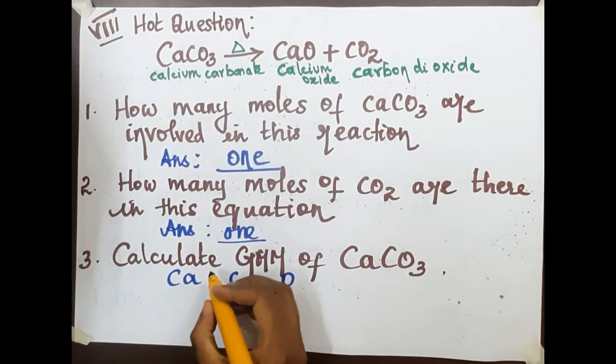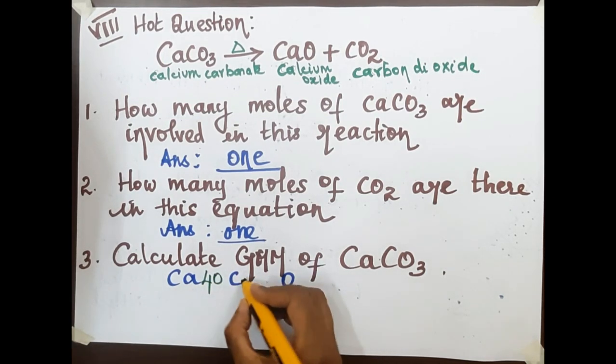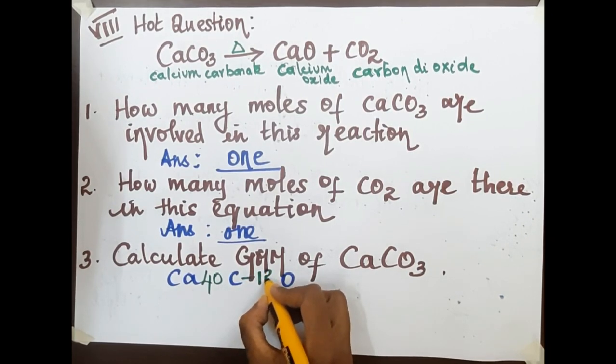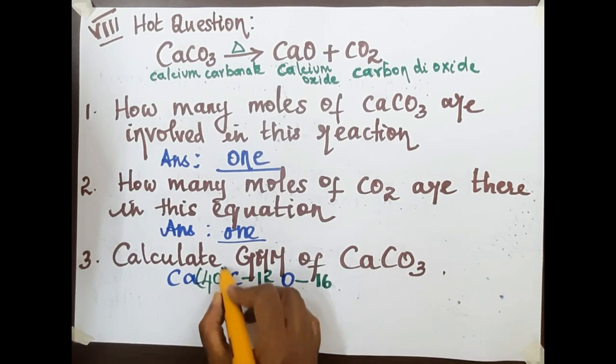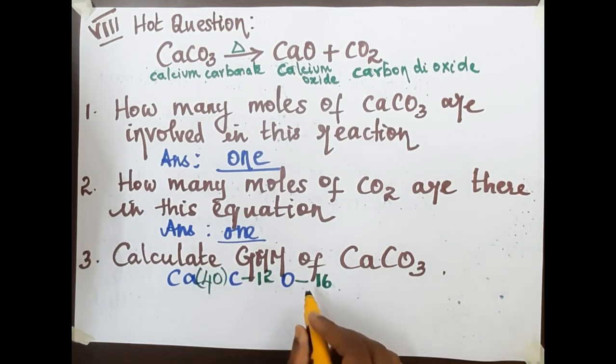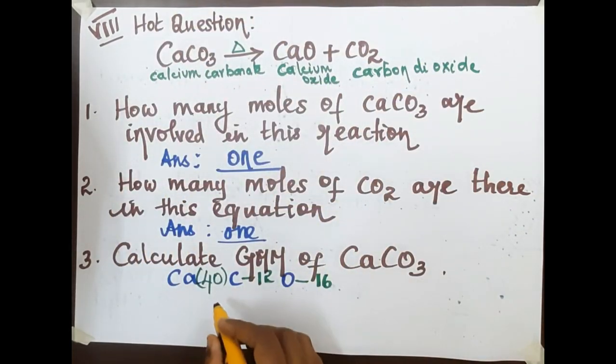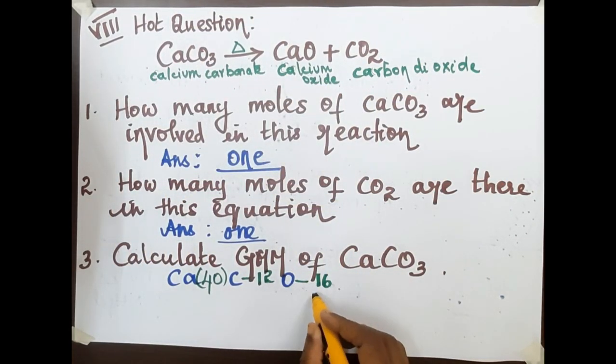For calcium, it is 40, for carbon it is 12, and for oxygen it is 16. Children, you have to be very careful and thorough with these atomic masses, because they are not given anywhere in the question. Only when you know the atomic mass can you calculate the molecular mass.